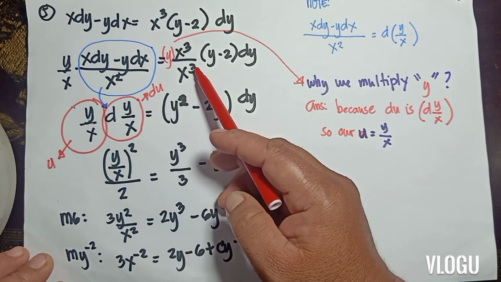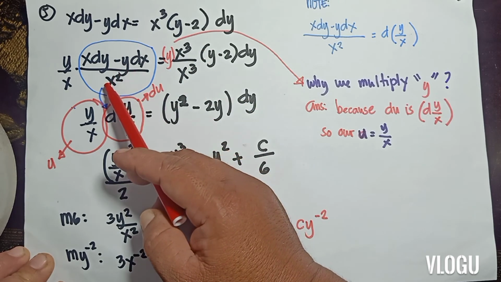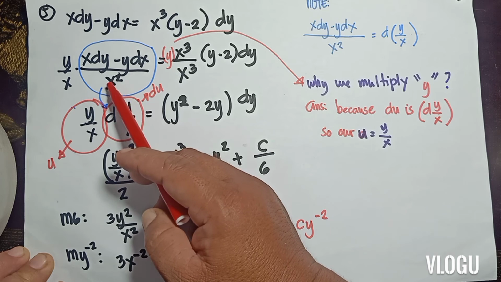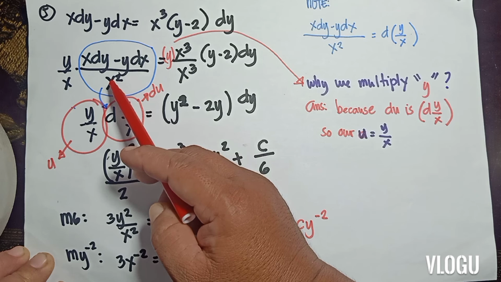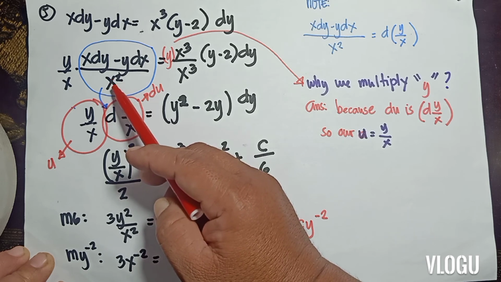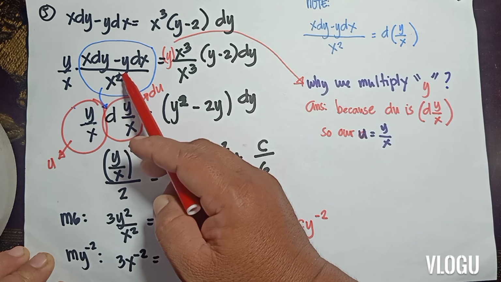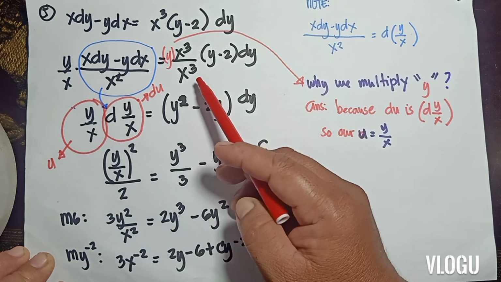Because you divide the right side with x cubed, you divide the other side with x cubed. So that's the reason you will have x squared, then you will have x. Why only x squared? Because in our form that is given, it is only up to x squared. So set aside x.